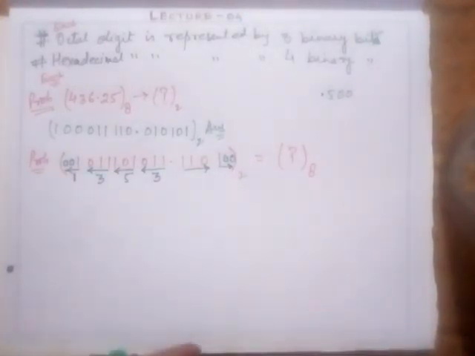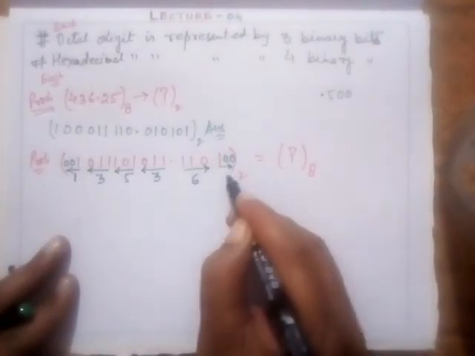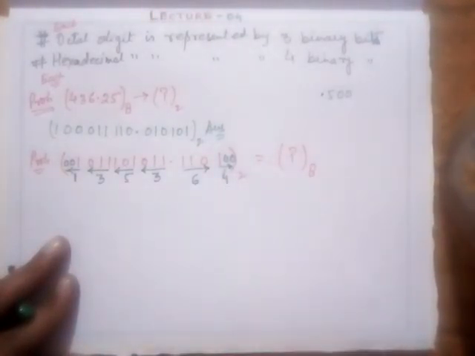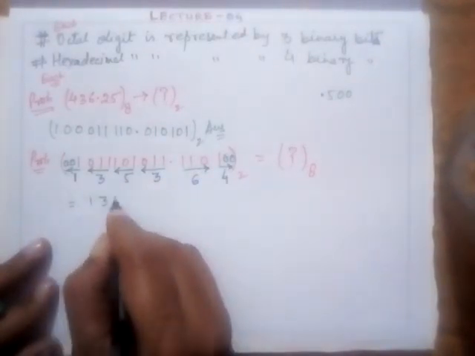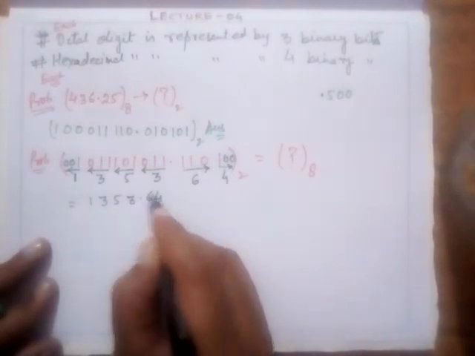Now again, this 110 is 6 and 100 is 4 in octal. So directly I can say that this quantity is equal to simply 135.364. Please cross check the result.